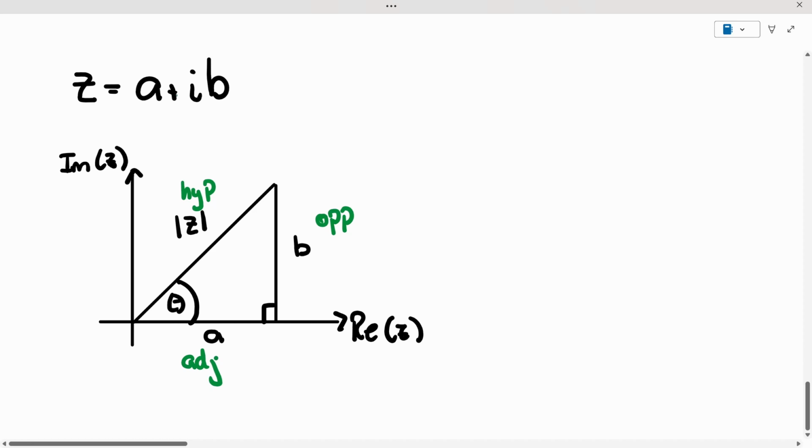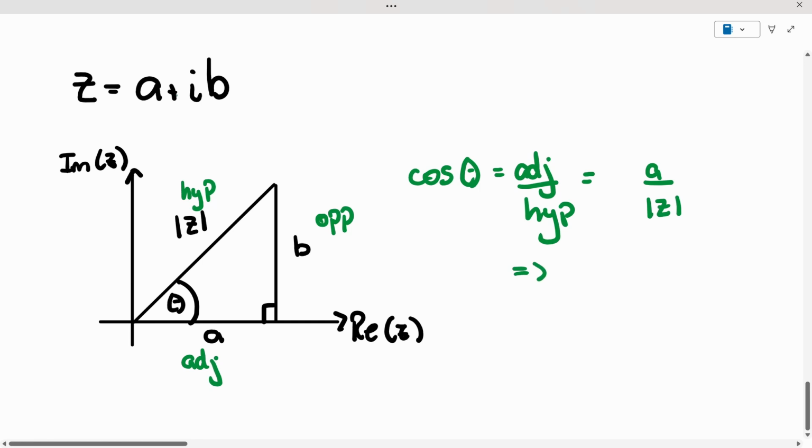So we know that cos theta, which is adjacent over hypotenuse, can now be written as a over mod z. So what is a? The side a is mod z times cos theta, right? And similarly, we could find b is mod z times sine theta, right?